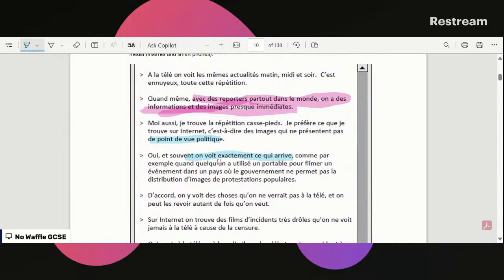So, as an example, when someone uses a portable phone for filming an event in a country where the government doesn't allow the distribution of images, there will be protests. De protestation populaire.